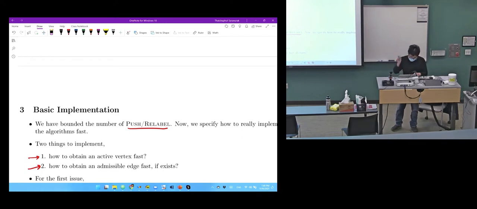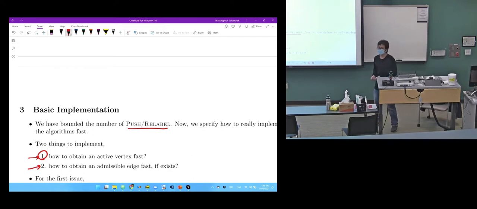Now the first issue is very simple to handle. Can you try to suggest what to do just to get some active vertex? A binary search tree like data structure. Yeah, that would work.